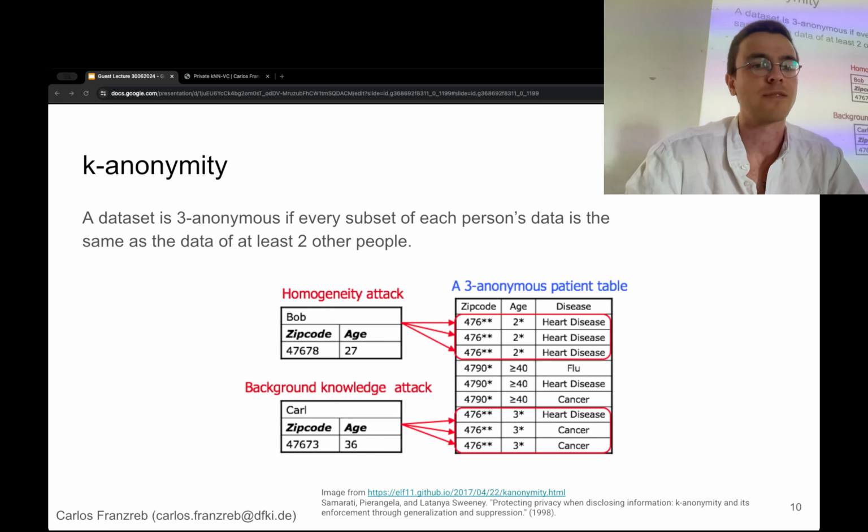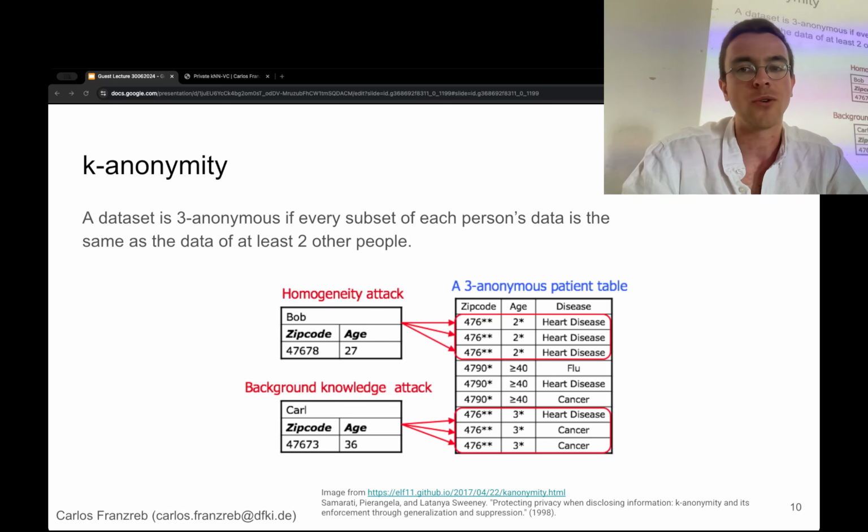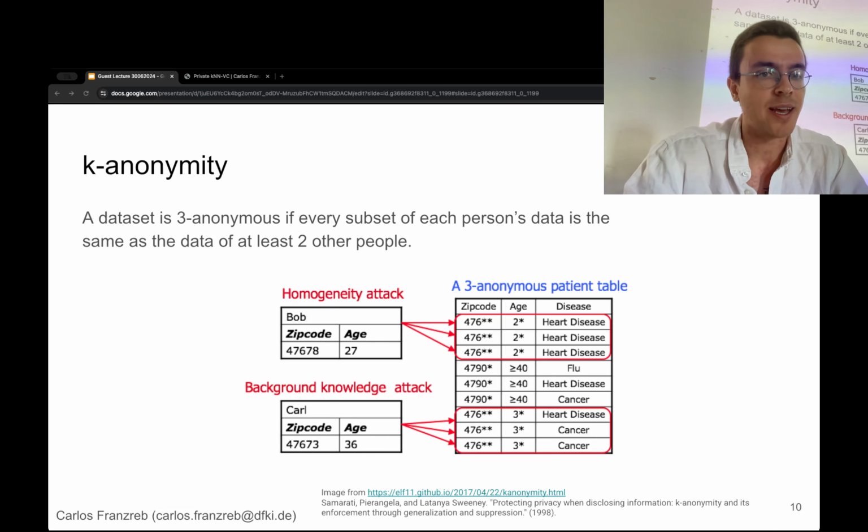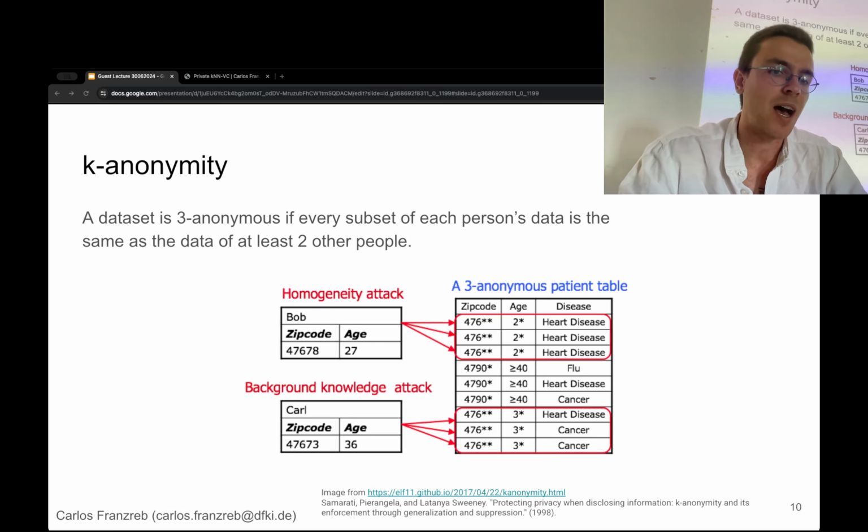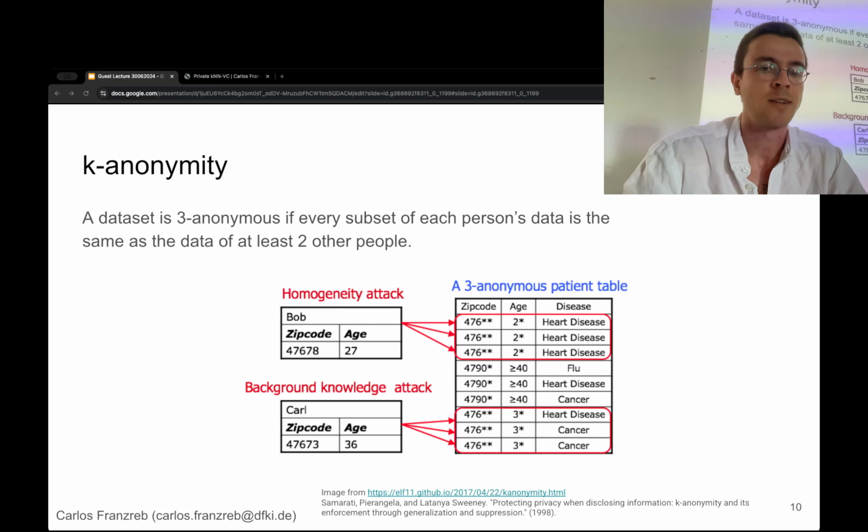So this is already the first flaw in this kind of anonymization. And the second one is that you can use external knowledge to infringe also the k threshold. So for example, here you see the background knowledge the attacker may have about Carl. And with it, he already knows that the disease that Carl has is either heart disease or cancer. That's 2, not 3, as promised by the k-anonymity.